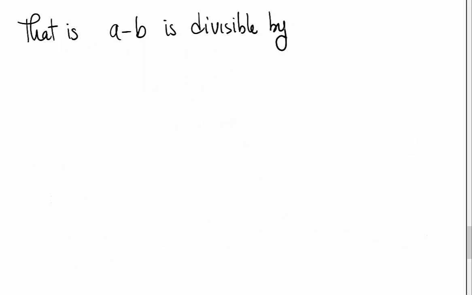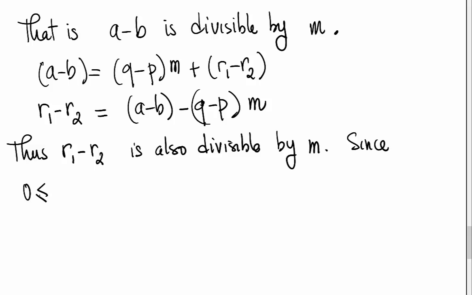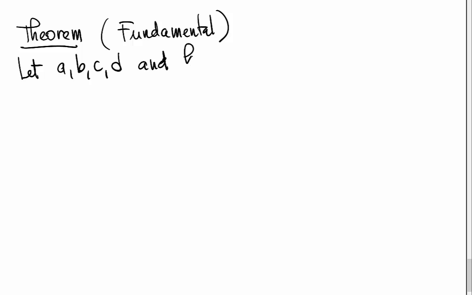That is, a minus b is divisible by m. Now we obtain that r1 minus r2 is also divisible by m. Check the work on the screen, and since r1 minus r2 is sitting between 0 and m, we get the desired result.